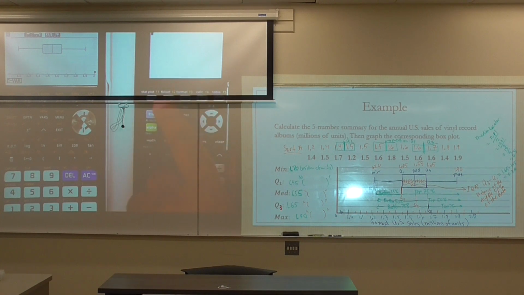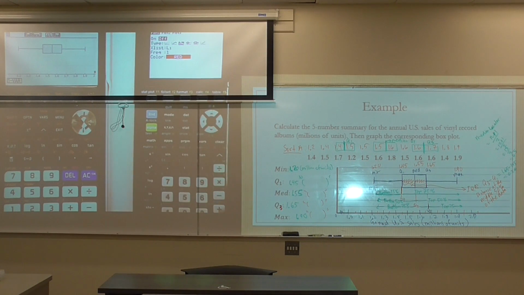You can do your second stat plot, and you're going to make sure that pretty much everything is off. So here I want this graph off, so I'm going to make sure it's off for right now. I don't want this graph right now. And then I'm going to go to plot 1, and I make sure plot 1 is on. So I'm going to turn you on. Make sure it's on.